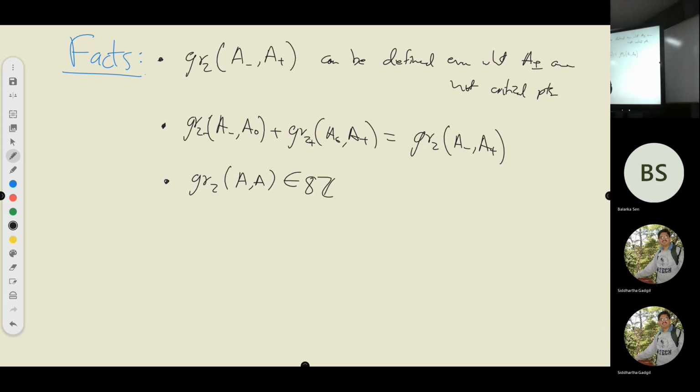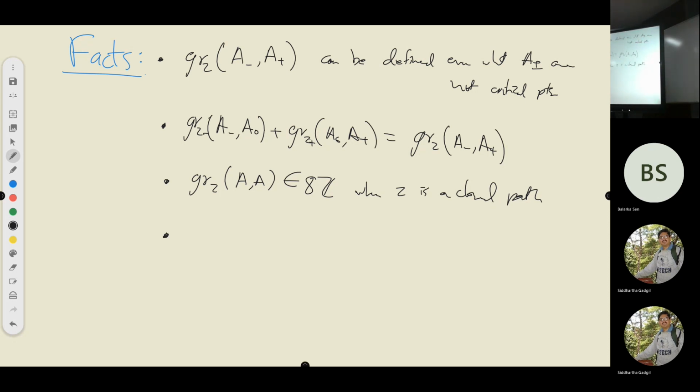I'll be talking more about this in the next talk, but for now, let me just state it as a fact. When both the endpoints are the same, z is a closed path, and so all that I'm really saying is that gr z of any two things is going to be 8 times an integer whenever z is a closed path.